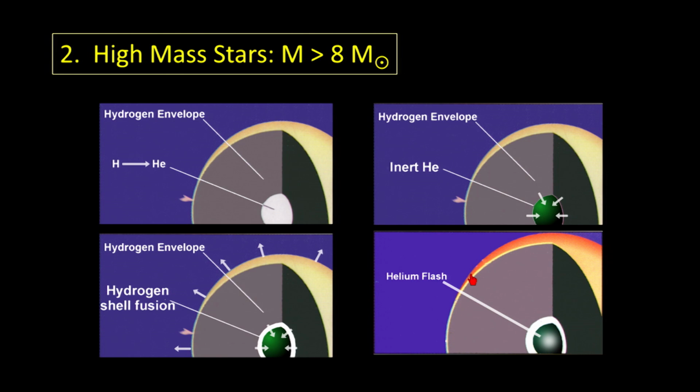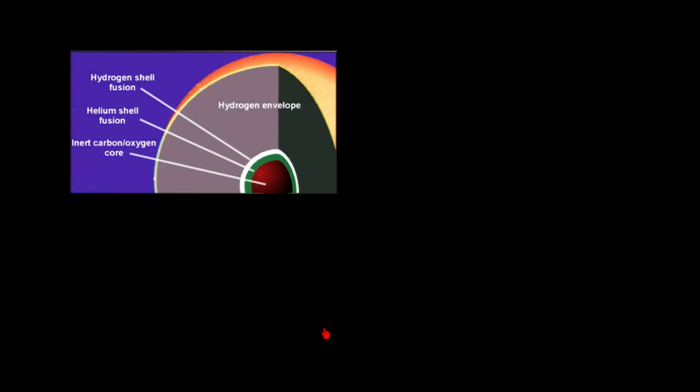Now, this is the same thing that an intermediate mass star will do, but the big difference is that a high mass star goes through these stages faster than an intermediate mass star does, and there's also one major difference.